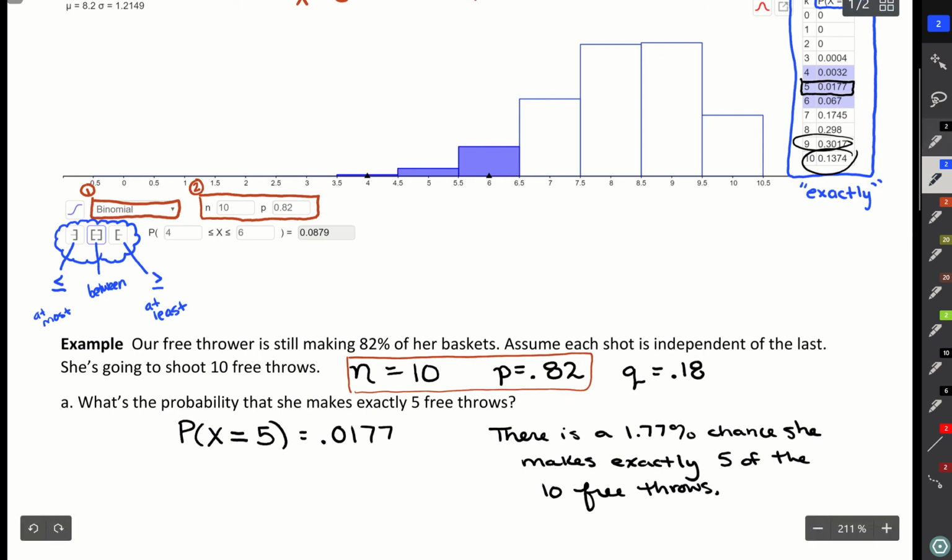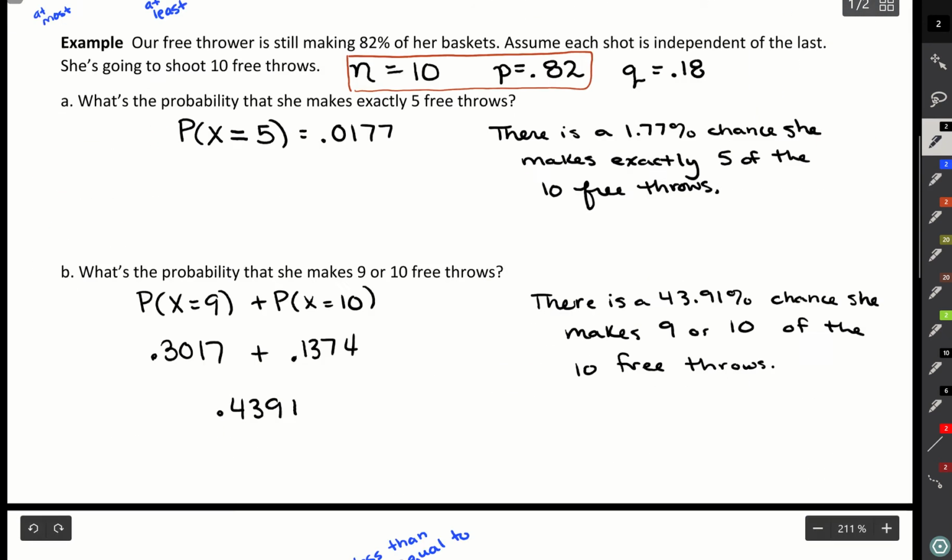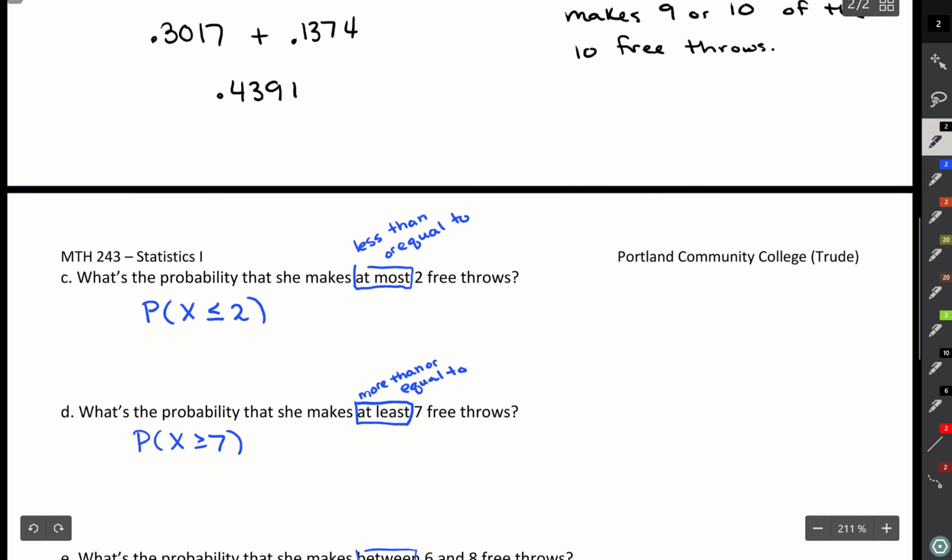So for our first example of looking for at most 2 free throws, this will be left-sided. So we'll want to choose that option where the symbol looks like this. It's basically showing where your interval starts, and then it's going to get everything to the left-hand side of it.